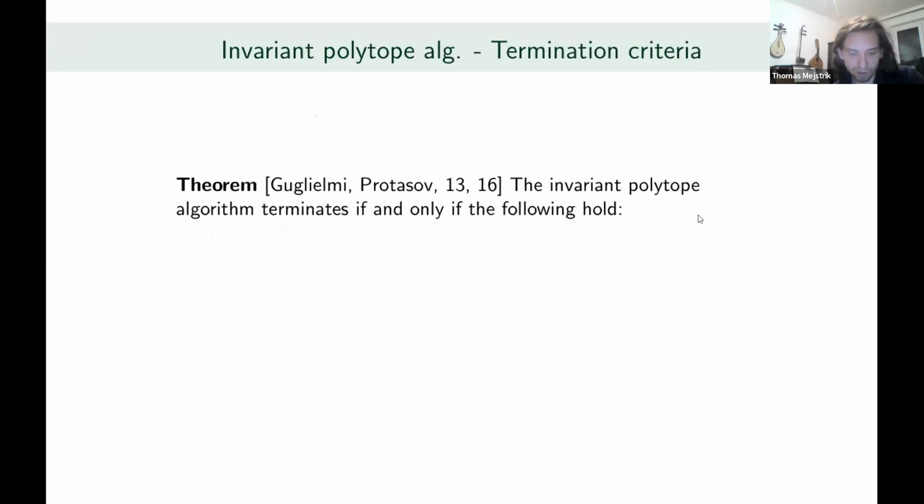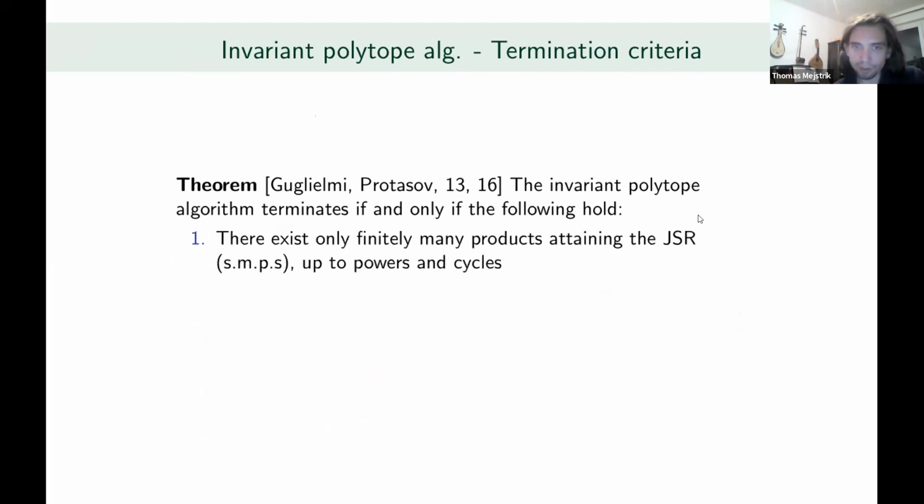So we can ask when this algorithm terminates. There are three conditions, and if they hold, then it terminates, and if it terminates, the conditions hold. First, there exist finitely many products attaining the joint spectral radius, the spectral maximizing products. So forbidden are sets where no spectral maximizing product exists, and also the case when there exist infinitely many.